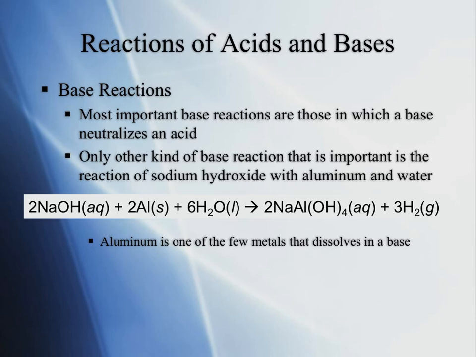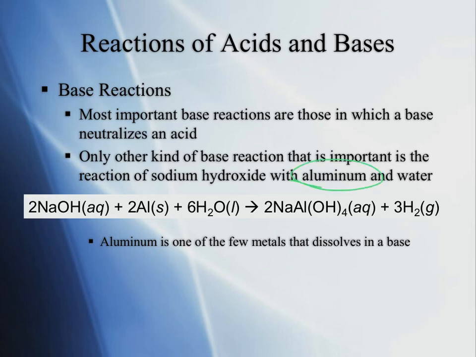All right, so your book kind of writes off base reactions, and that's fine because at the intro level, it's not a huge deal to know about any important base reactions, because most of the important base reactions are those that actually are neutralizing acids. The only other kind of base reaction that your book found important enough to tell you was that sodium hydroxide can react with aluminum.